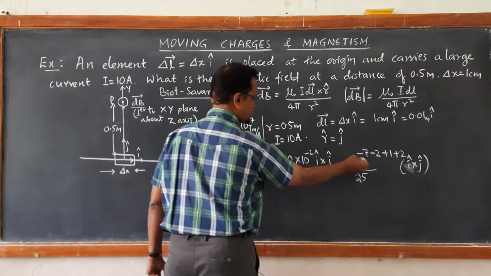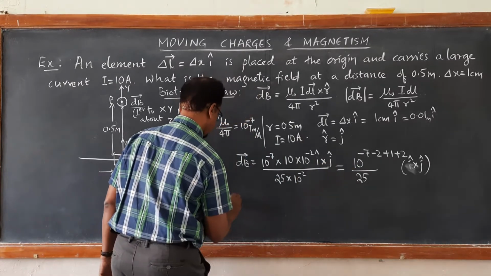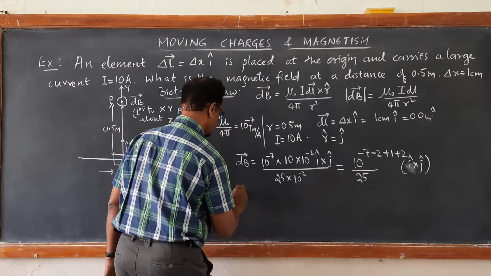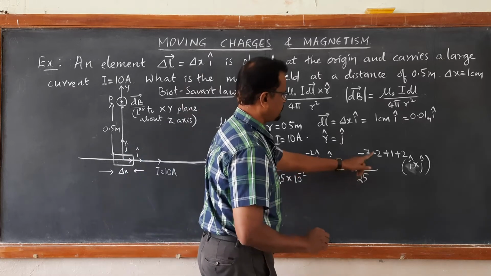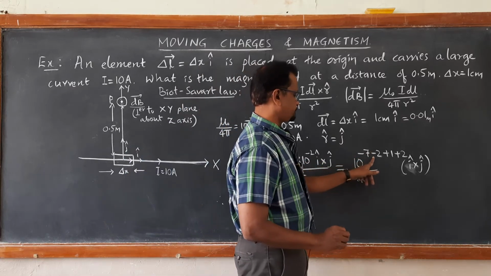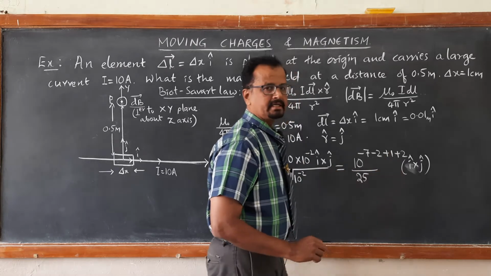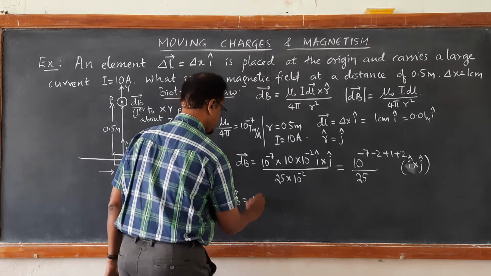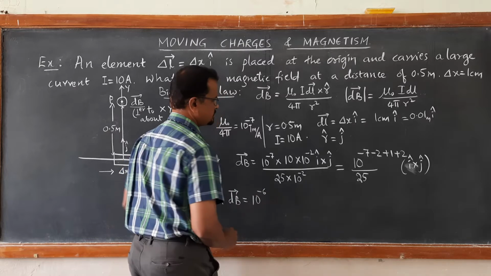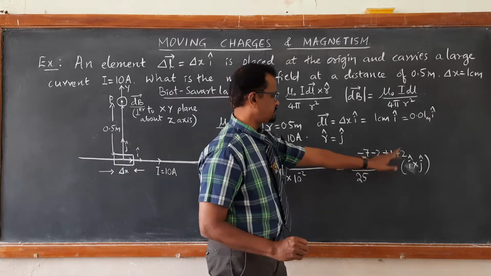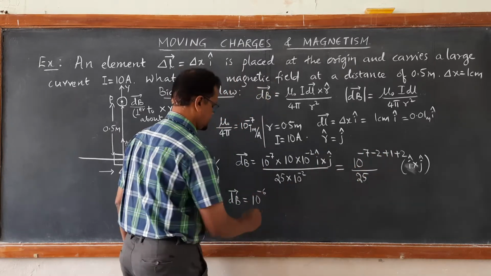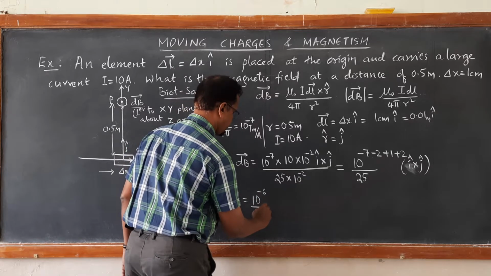So this can be further simplified as dB is therefore equal to 10 to the power of minus 9 plus 3. Minus 9 plus 3 becomes 10 to the power of minus 6 divided by 25.